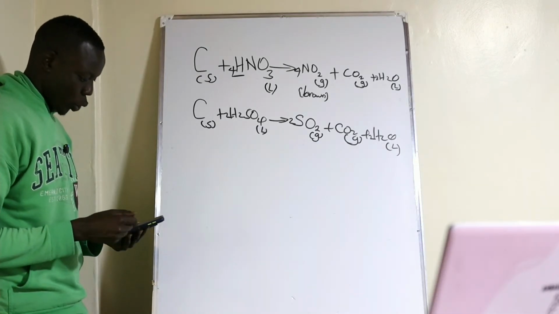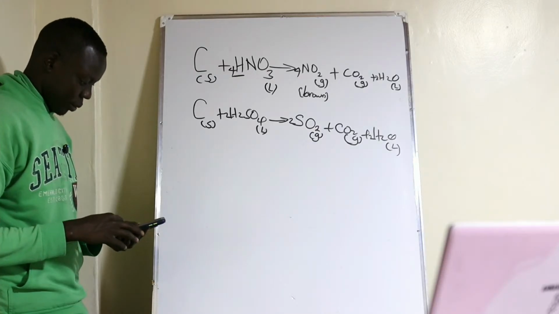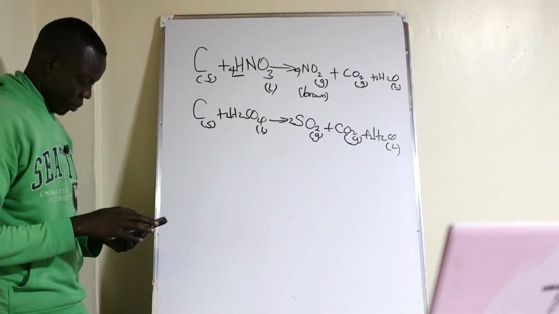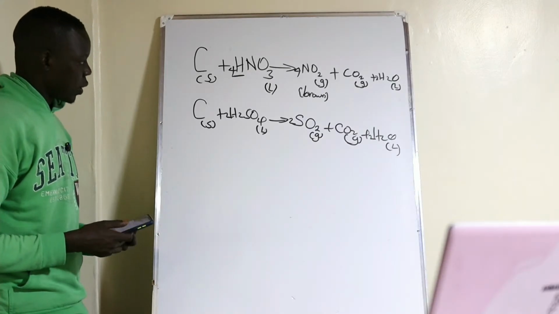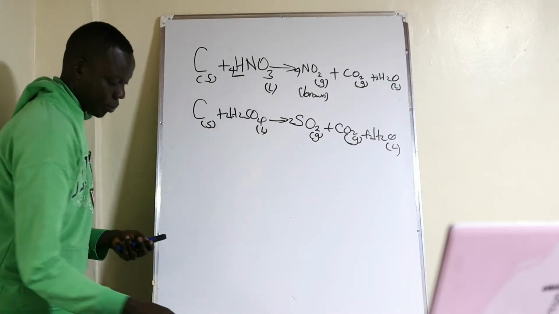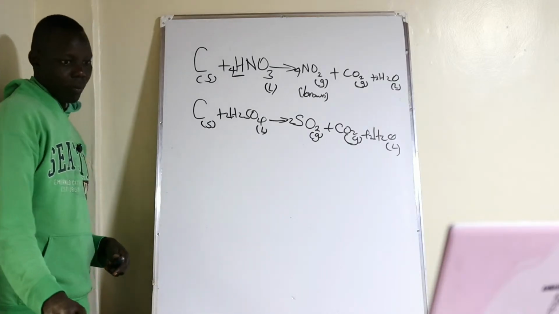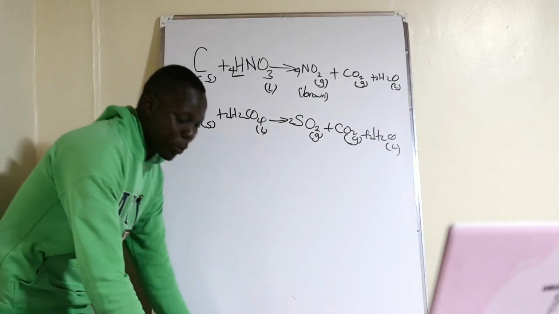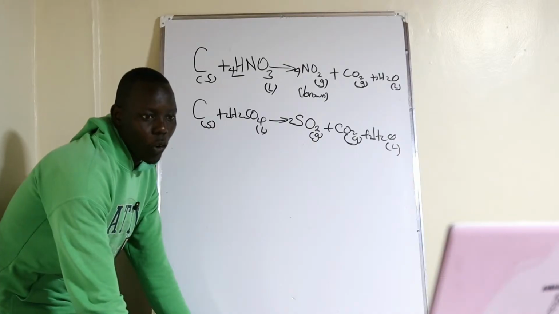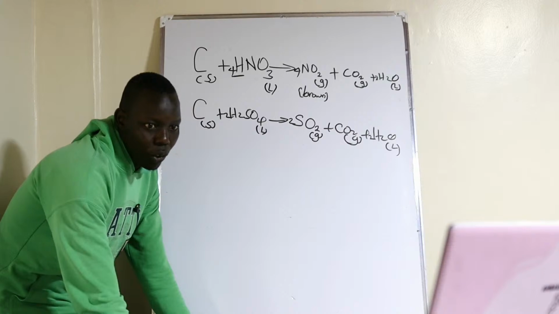Tell me what you want us to place where. Is it in order now? I think it's in order. So as you are confirming if it is balanced, also confirm if you have any question as we are moving on.